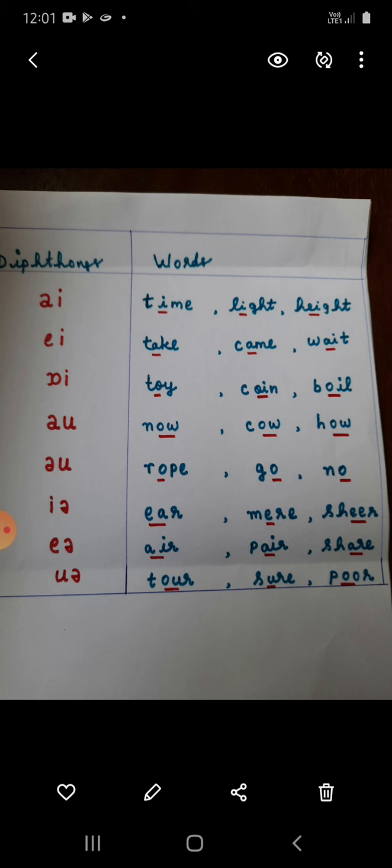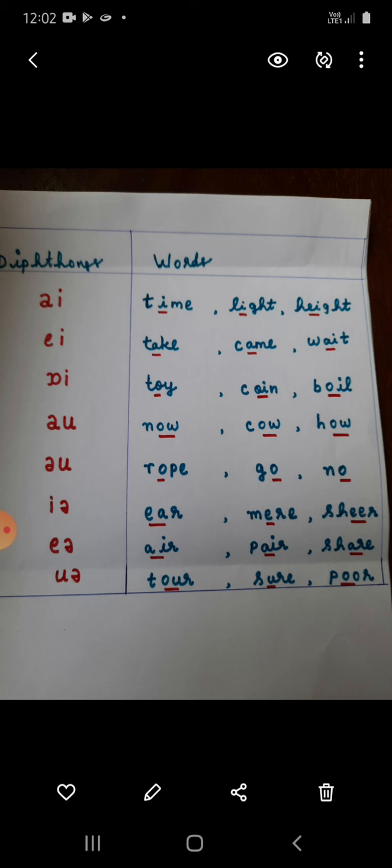Similarly, no. We are saying it as no, but actually the correct pronunciation is no, n plus o. So yesterday while we were discussing that sound, we said that there is a slight curving in the sound o. Understood that? R-O-P-E is pronounced as rope. Clear? So that sound is o.